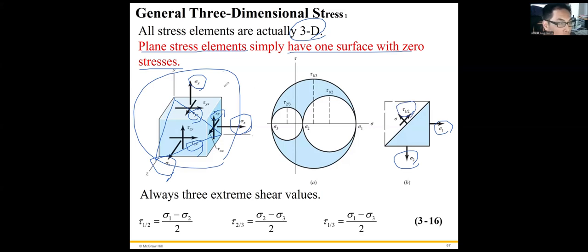So we can plot the Mohr's circle of this 3D case. Rotated to a specific angle, it will reach its principal stresses, in this case sigma 1, sigma 2, and sigma 3. We enforce the relation that sigma 1 is greater than sigma 2, which is greater than sigma 3.